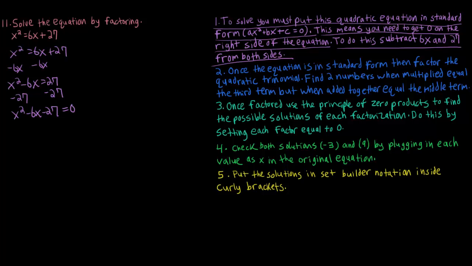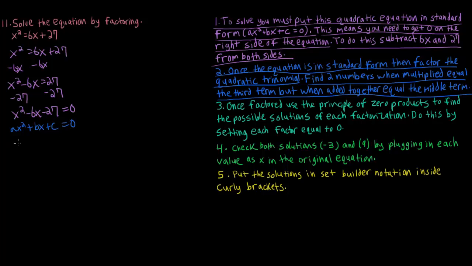And then step 2. Once the equation is in standard form, then factor the quadratic trinomial. Find two numbers that when multiplied equal the third term, but when added together equal the middle term. So x squared minus 6x minus 27 equals 0 is in the standard form of a quadratic equation, ax squared plus bx plus c equals 0.